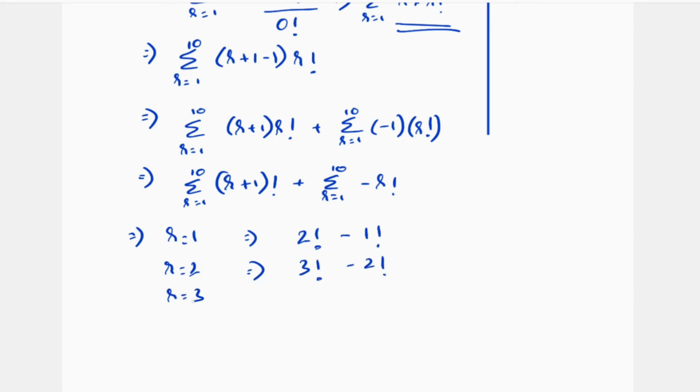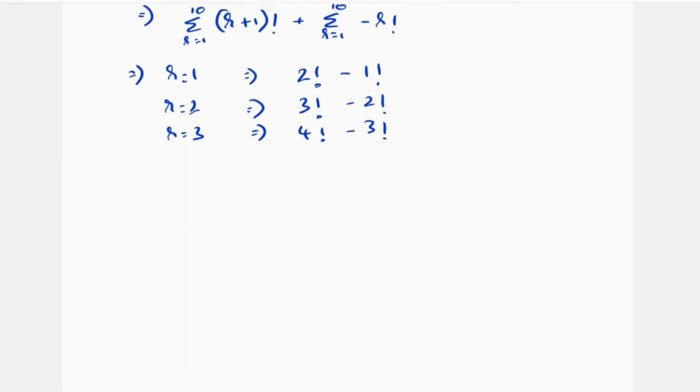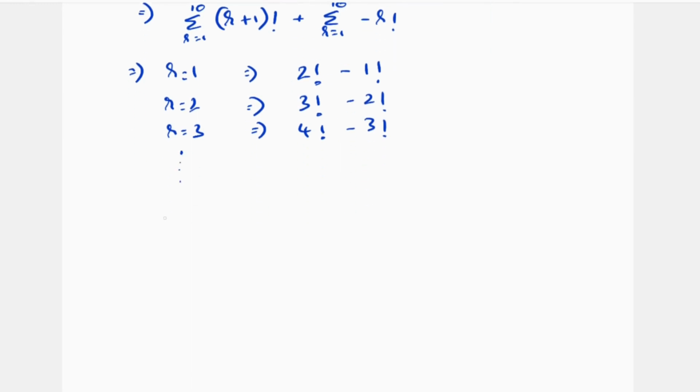When I take r equal to 3, I'll be getting 4 factorial minus 3 factorial. Like that, so on, up to r equal to 10. Why? Because I have to do the sum only from r equal to 1 to 10. For 10, I'll be getting 11 factorial minus 10 factorial. Following the same logic, r plus 1 the whole factorial minus r factorial.